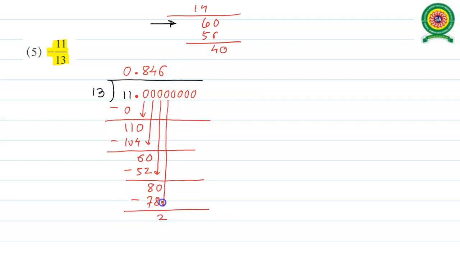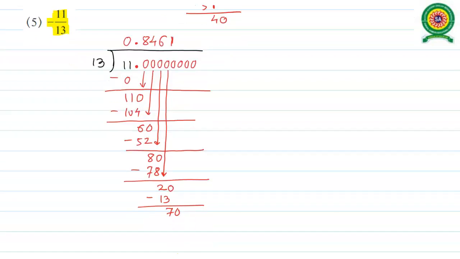Next 0 comes down, it generates 20. 13 1s we have 13. The remainder becomes 7. Next 0 comes down, it generates 70. 13 5s we have 65. The remainder is now 5.